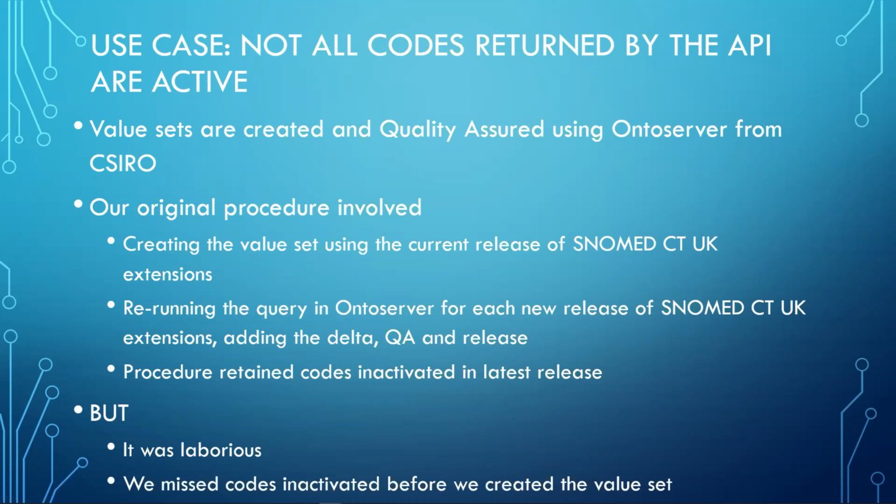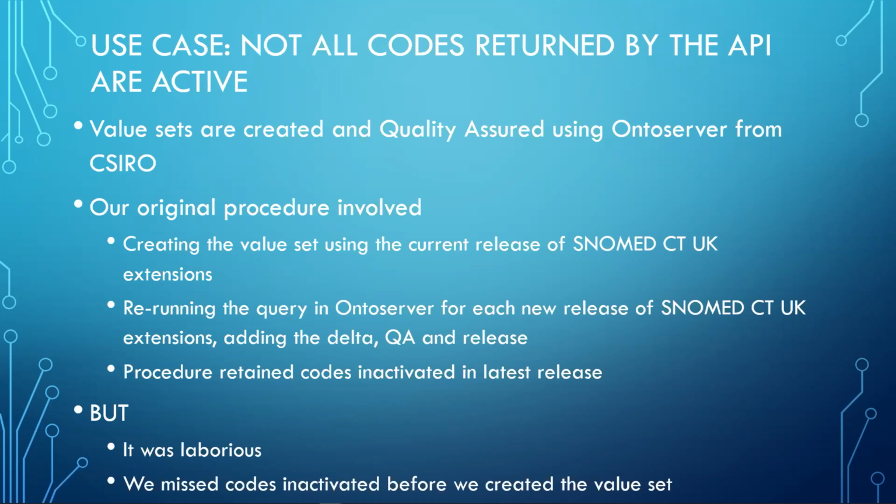And we developed a procedure which essentially said that we will create a value set and we will run that query against SNOMED CT UK extensions using Ciro, and we will expand that and we will use that within the decision rules engine. At the point that there is another release of the UK extensions, we repeat the process, and then essentially combine the old and the new, so that any that have been inactivated are maintained.